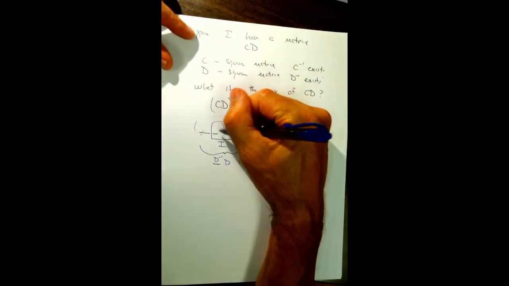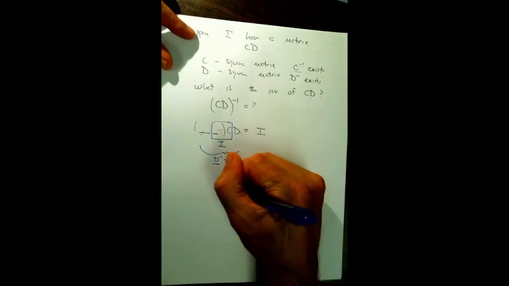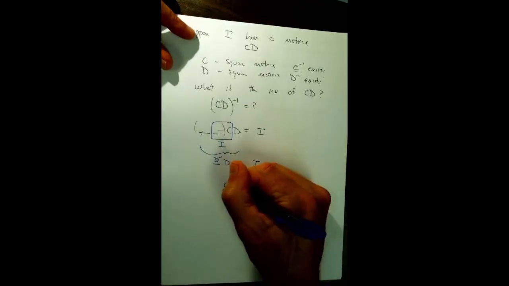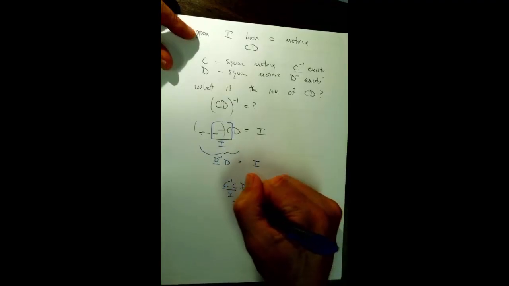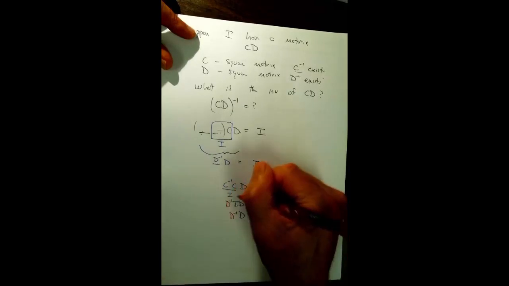So if I could make that an identity matrix, I can figure out this whole thing. But I know that C inverse exists. So if I make that a C inverse, that's the identity. And then I times D is just D. And so then if I put a D inverse here, then I'm going to end up with the identity.